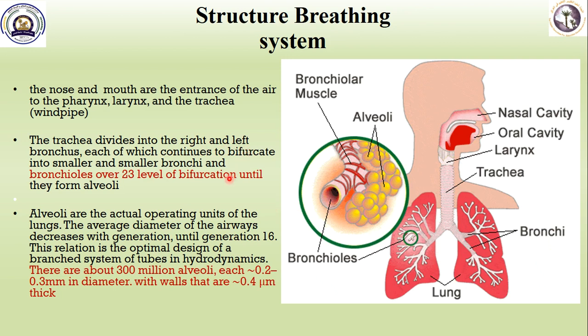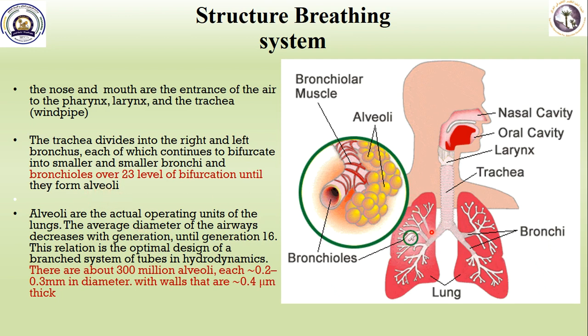Each of them continues into smaller and smaller branches, the bronchioles, over 23 levels of divisions, ending up with a structure that looks like a ball, which are the alveoli.